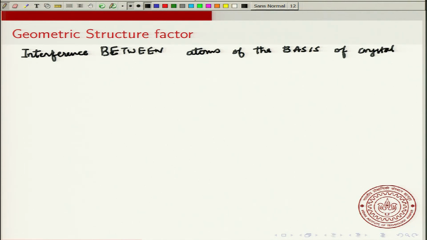And here what I mean is that we have a unit cell, and these spacings are with respect to some unit cell.